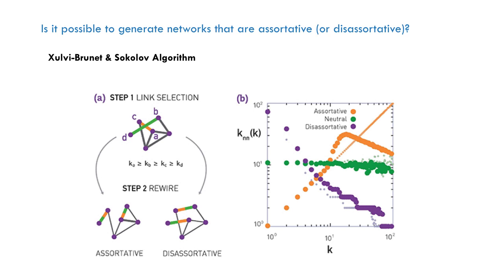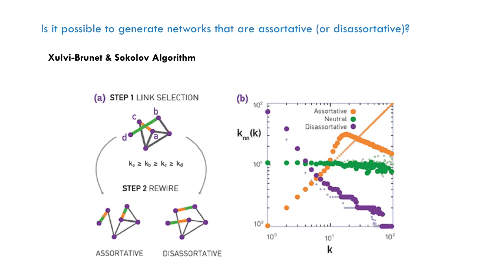And then in step 2, we rewire. We're going to break the selected links and rewire them to form new pairs, and this depends on the desired degree correlations that we want to create.